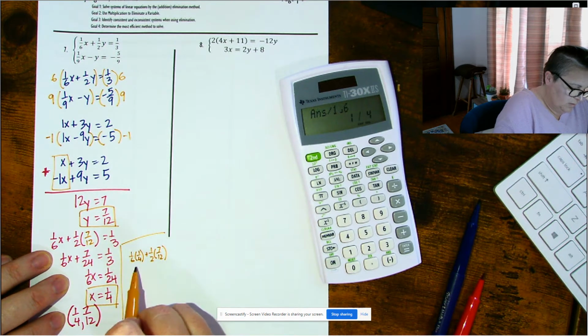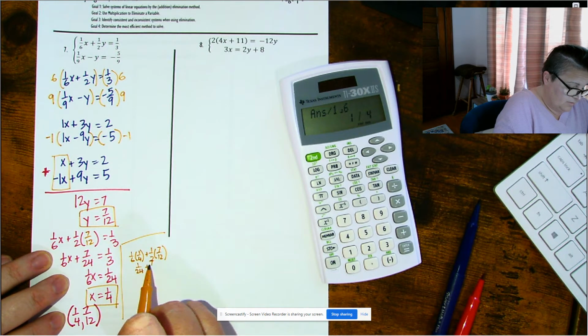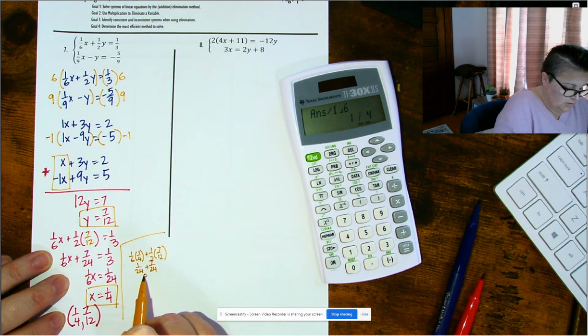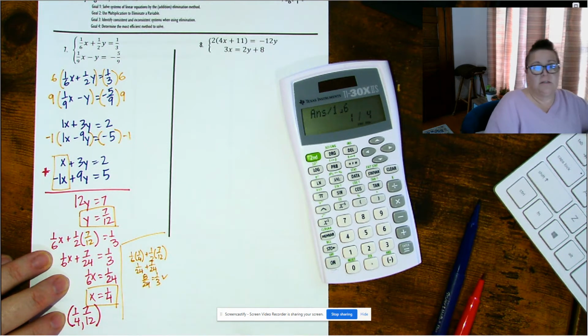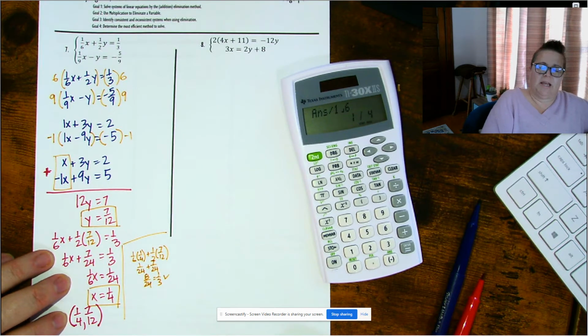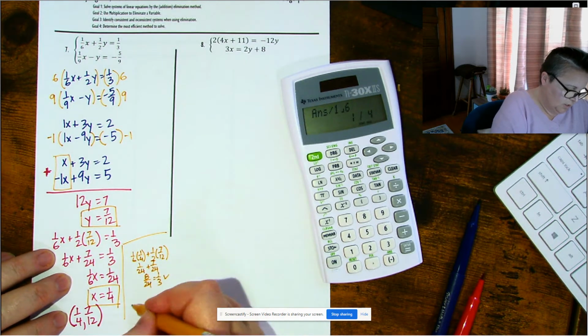So that's going to be 1/24 plus 7/24, which is 8/24. Yes, that's 1/3. Okay, so thank goodness that one checked. I hate when I have to do fraction ones over and over again.